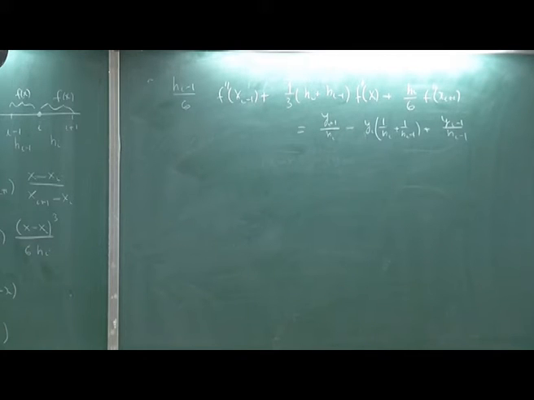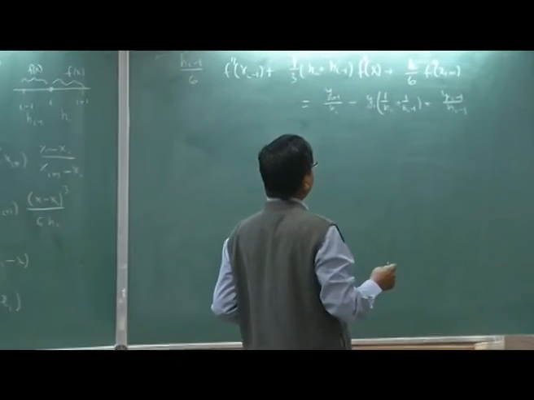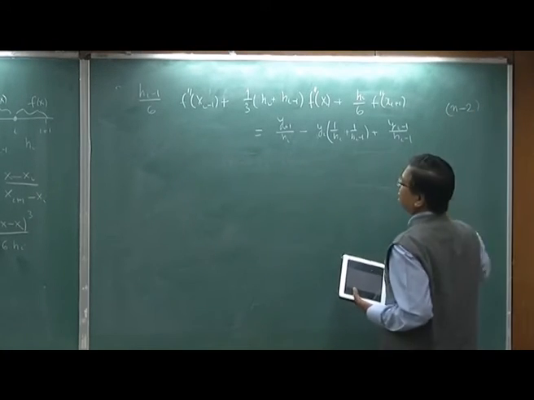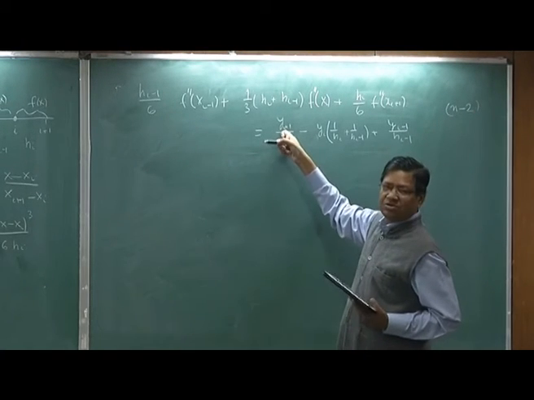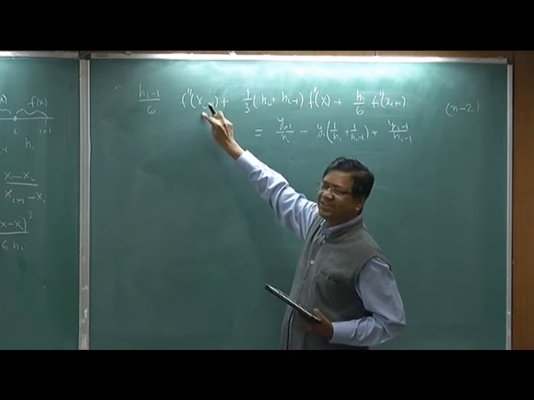So how many equations will I get like this? I can set it up only from the intermediate points. I can't set up at the end points. Right? So n minus 2. So I get n minus 2 equations. These are known, Yi and Hi are known. What is not known is the second derivatives.